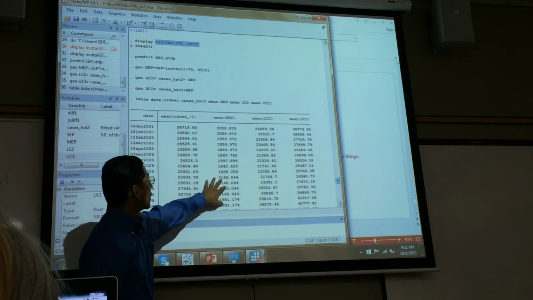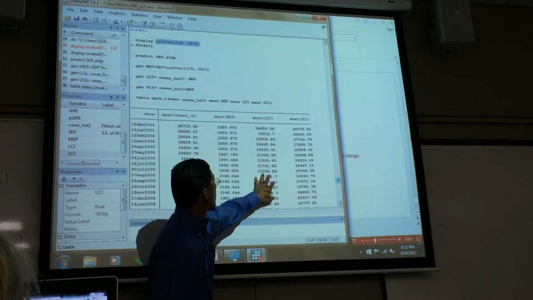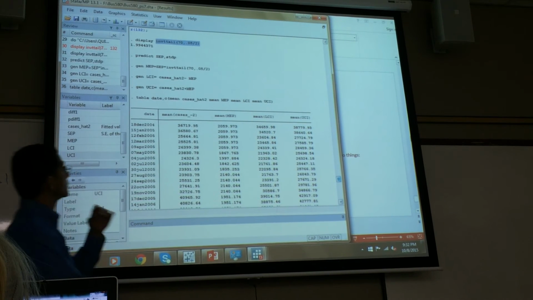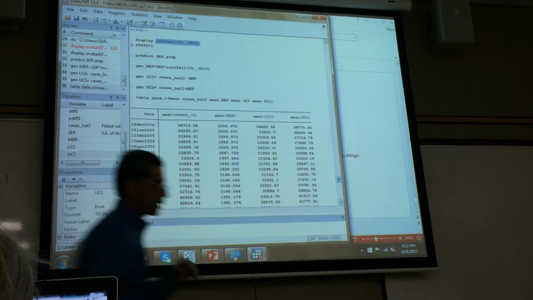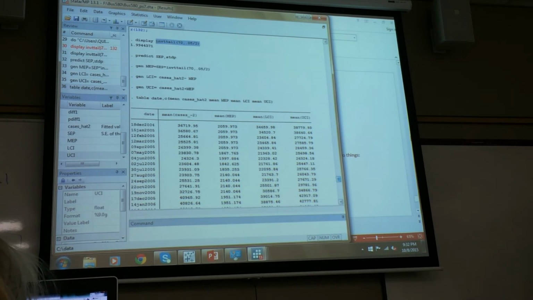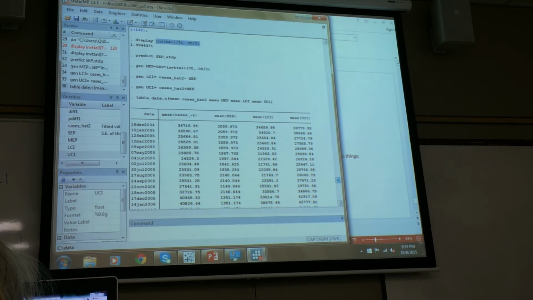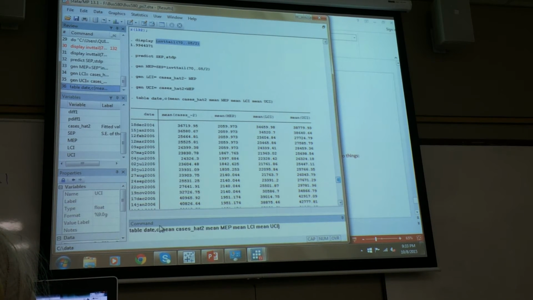Predicted margin of error, lower and upper confidence interval. I should put actuals in there too, so let me regenerate that. I've got one more. Mean cases, right?